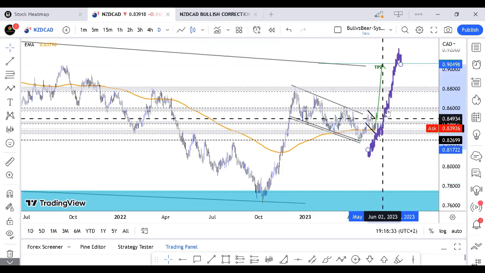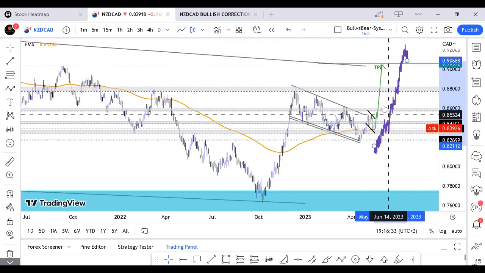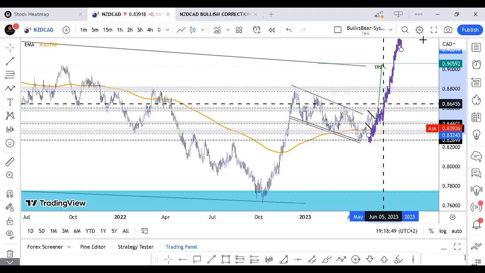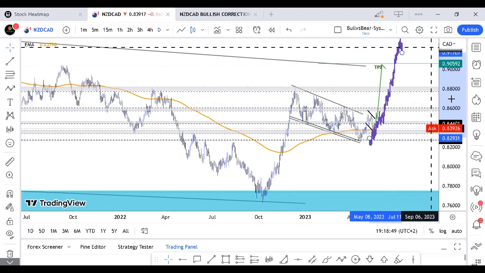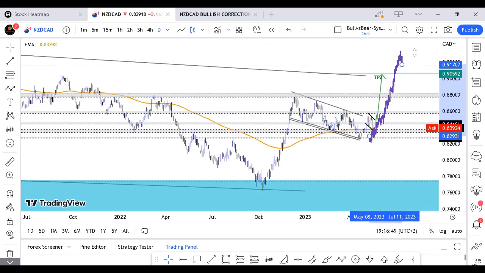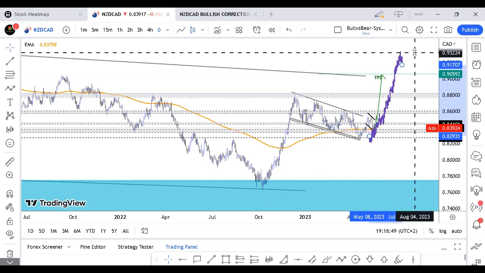Then it will tell us where we have to exit on this current price. We are expecting the market to reach the level of around 0.93224. That will be our take profit if we take the trade inside or after the breakout of this current channel, which is the bullish continuation pattern.